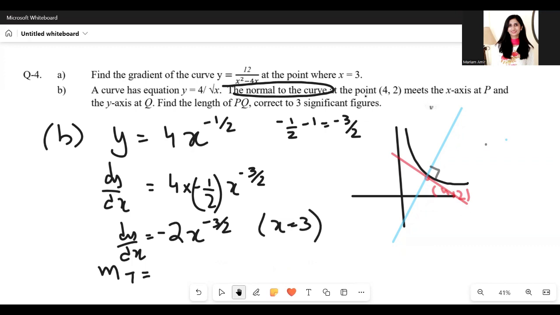Sorry, the point is 4 comma 2, my bad, not x equals 3. That was from the previous part. Okay, so you substitute x equals 4. That should give you minus 1 by 4.